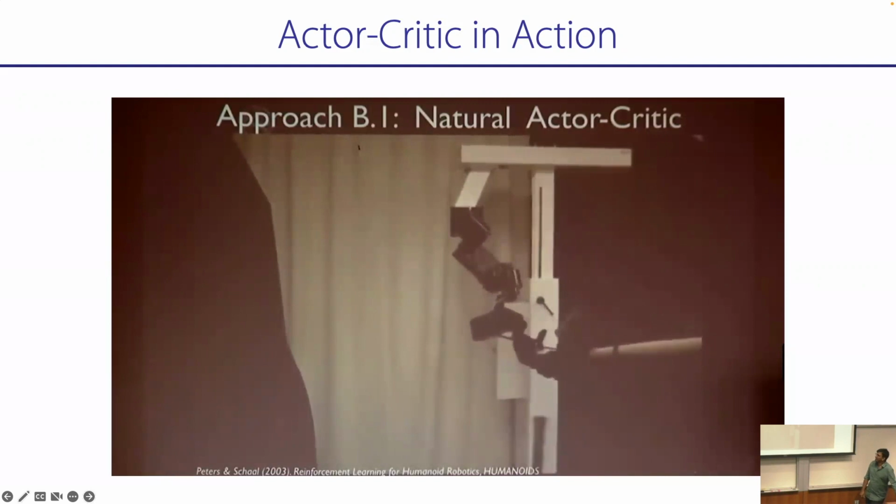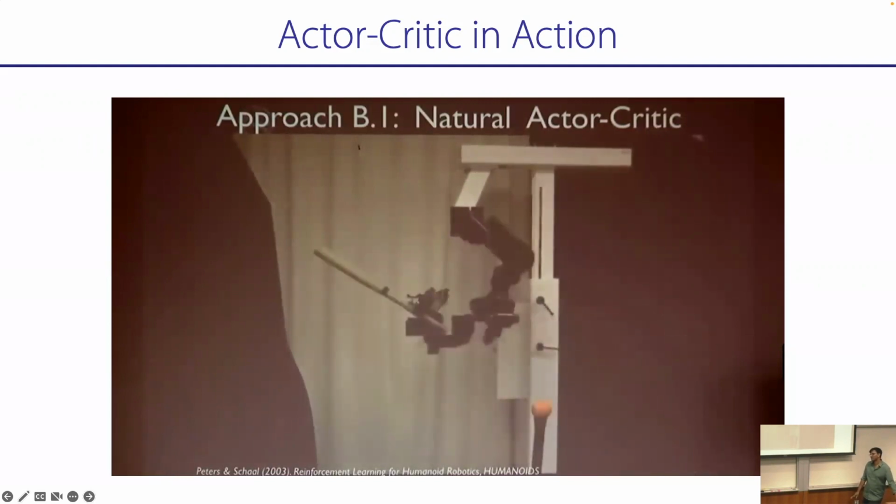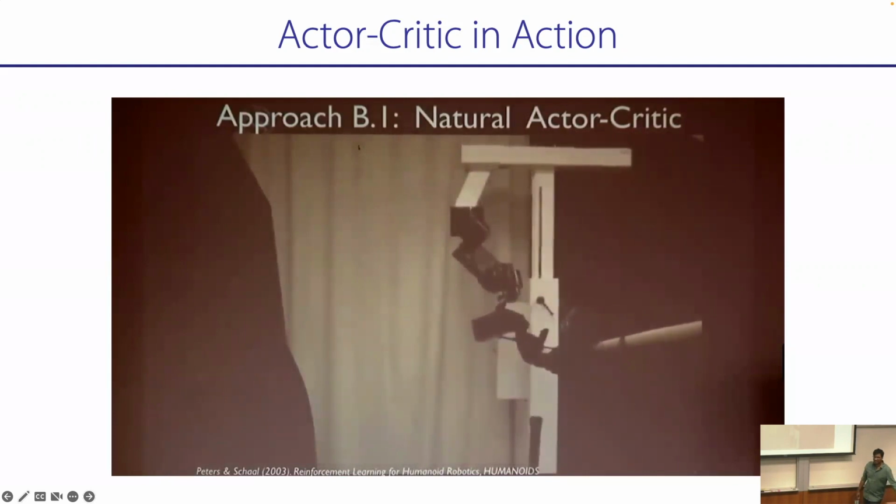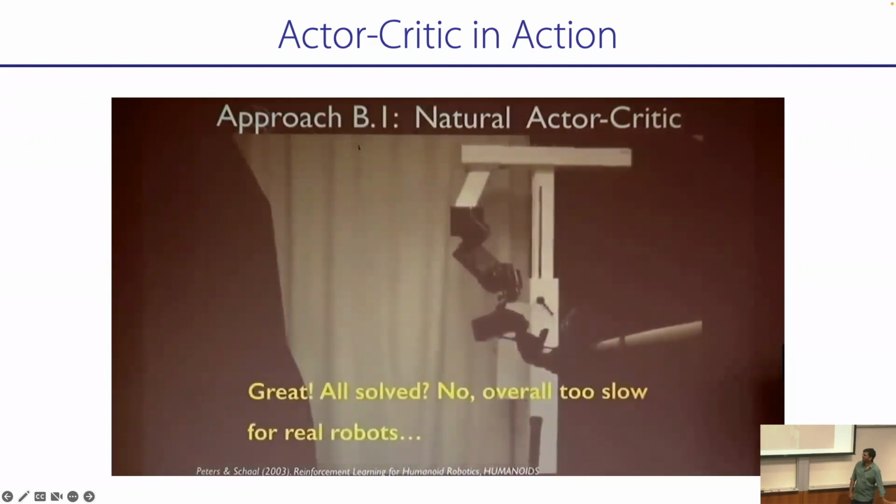But it's a very, very restricted action space, very small state space, there's all these tricks. So it works kind of. Yeah, that's what Jan Peters said. It's too slow for real robots, right? So I think we need to make some more tricks to make it work on the tasks we care about. Vanilla, this is not going to work, right?